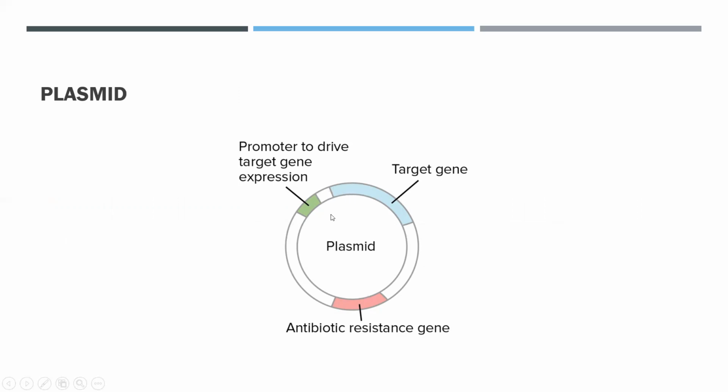It is a circular double-stranded self-replicating DNA molecule. It has low copy number and high copy number. Low copy number means 1 to 4 per cell. High copy number means 10 to 100 per cell.